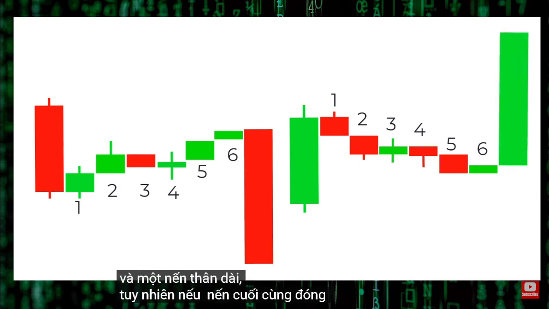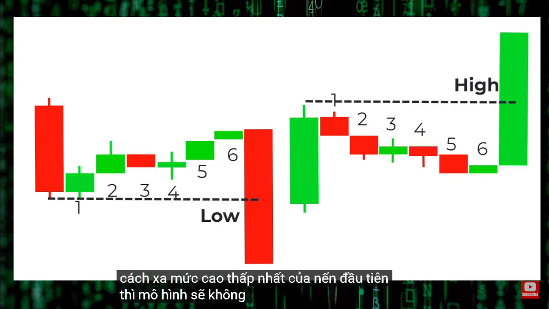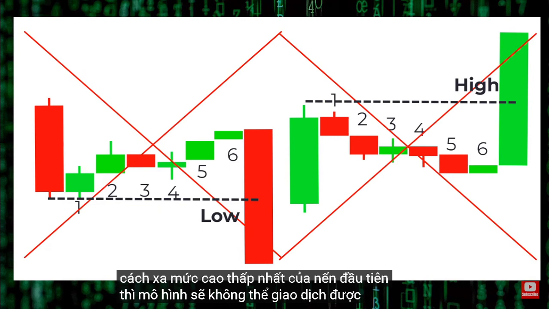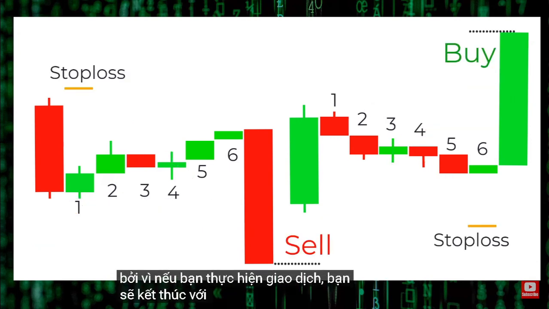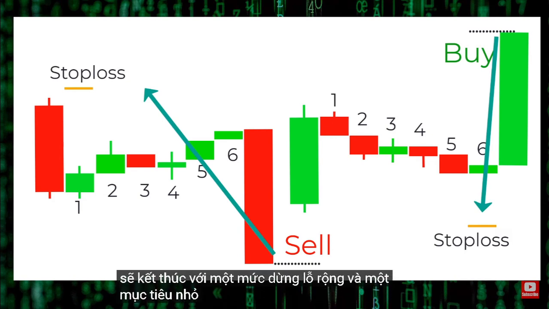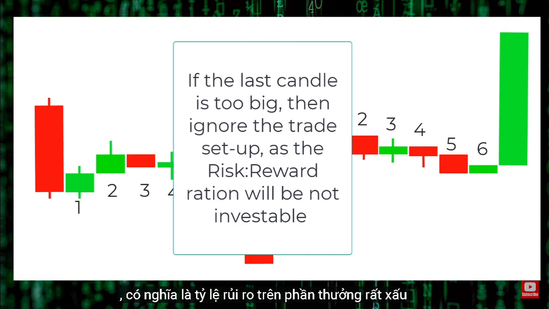Nevertheless, if the last candle closes far away from the first candle's high, low, then the pattern becomes not tradable. Because if you execute the trade, you will end up with a wide stop loss and a small target, which means a very bad risk to reward ratio.